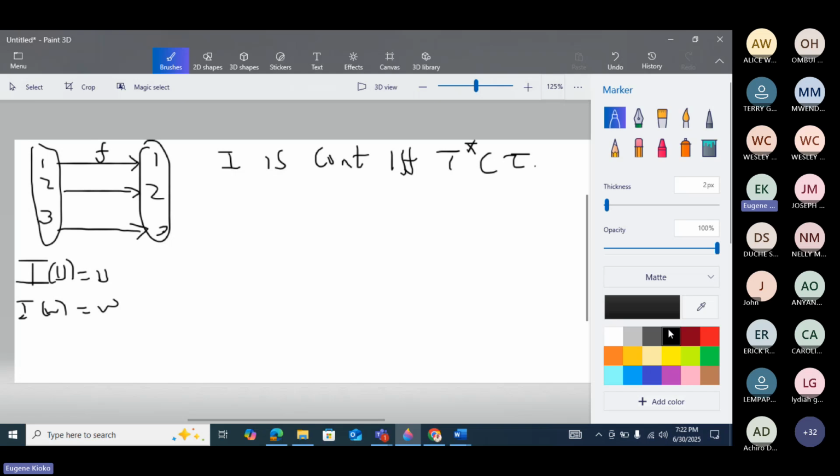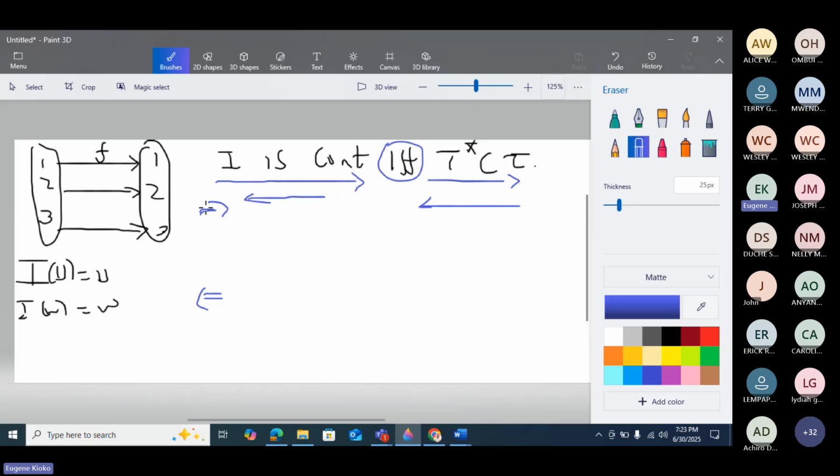Now, whenever you have a theorem with this, always know that you need to prove it twice. You must do the forward direction and you must do the backward direction. Forward is assuming the first statement and proving the second. Backward is assuming the second statement and proving the first.